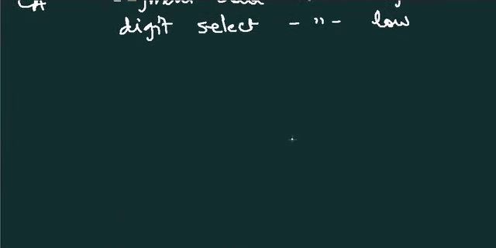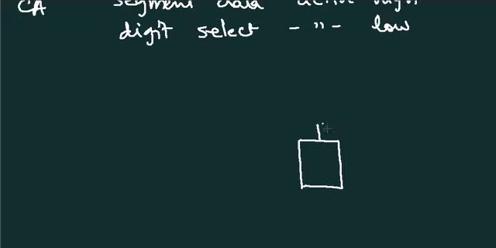So, again we draw the display which is common anode, and the digit select lines are active low.